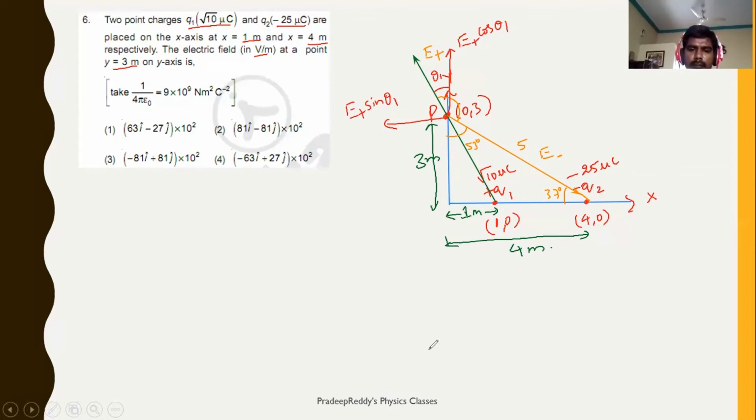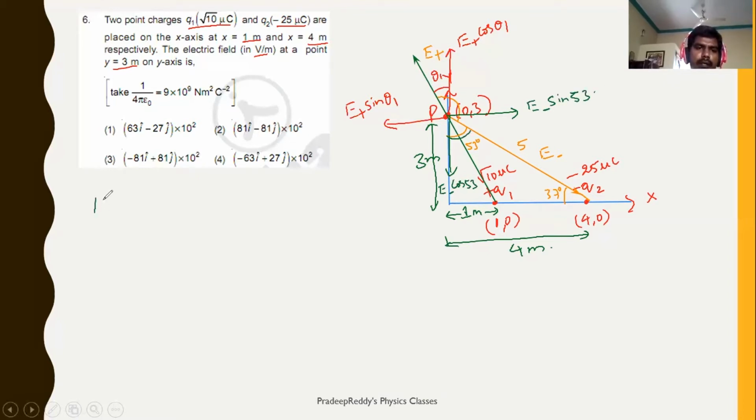Next, because of the second one, we have electric field in this direction. So if I take this angle as 53, it is given. It will be E minus cos 53 and this is E minus sine 53. Right?